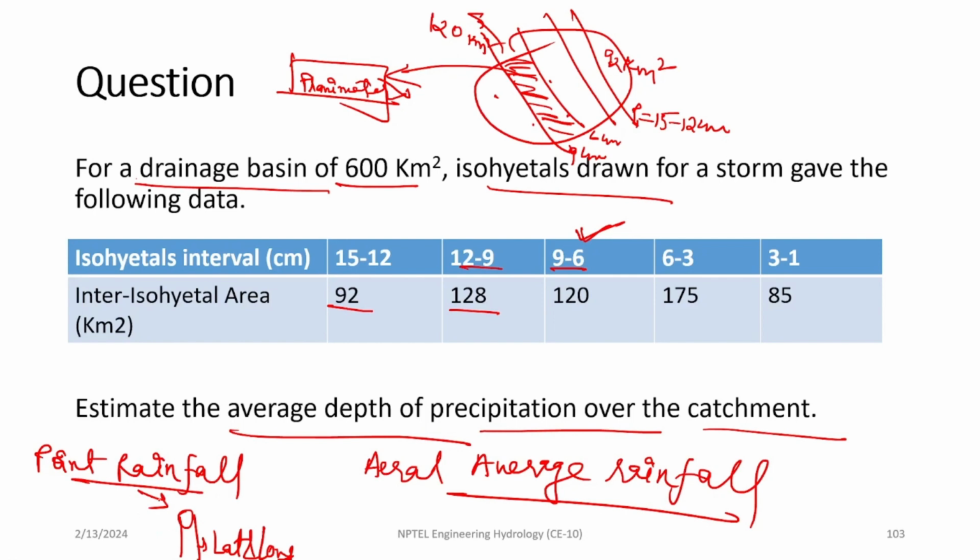But if we want to interpolate this particular rainfall value which has been recorded in this station, we can also get the value. Assume this is a rain gauge station value.